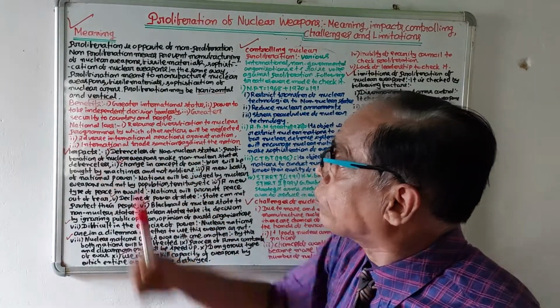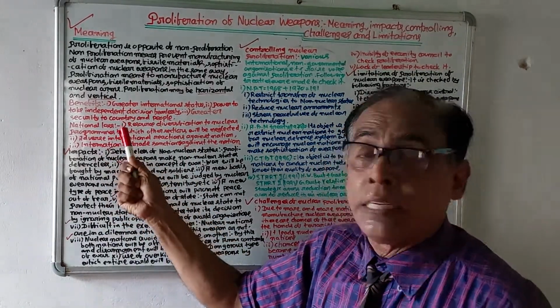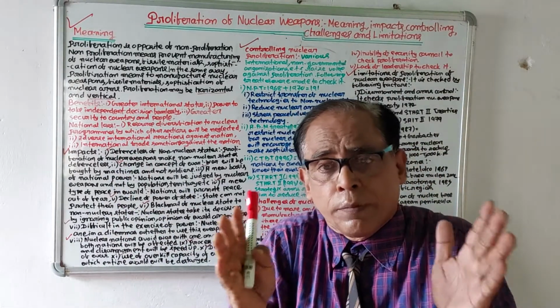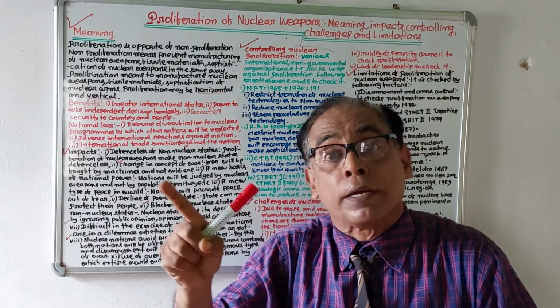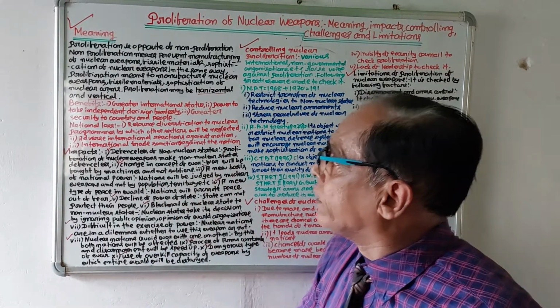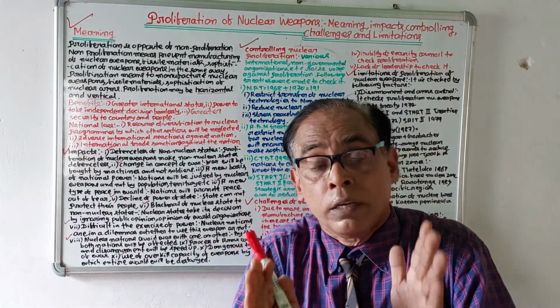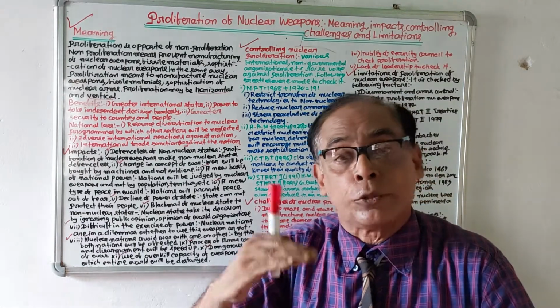Number 2, power to take independent decisions fearlessly. If a nation has nuclear weapon, it can take decisions fearlessly. Number 3, greater security to its people. If a nation has nuclear weapon, there will be greater security to its people and to its country.